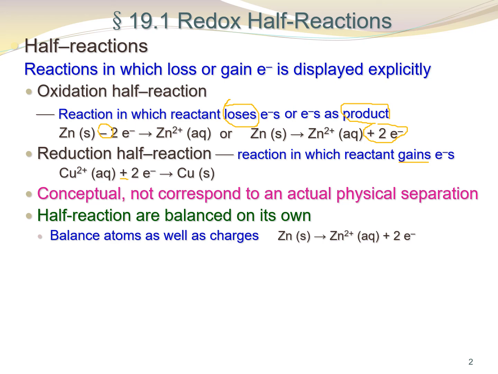For example, if on one side it is zinc with 0 charge, because it's an element, the other side, the total charge must be 0 as well. 2 plus and 2 minus is a 0 charge. So charge has to be balanced on either side, as well as atoms.